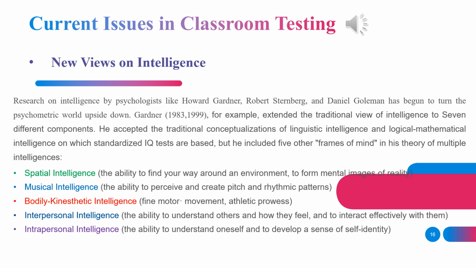Bodily-kinesthetic intelligence, fine motor movement, athletic prowess. Interpersonal intelligence, the ability to understand others and how they feel, and to interact effectively with them. Intrapersonal intelligence, the ability to understand oneself and to develop a sense of self-identity.